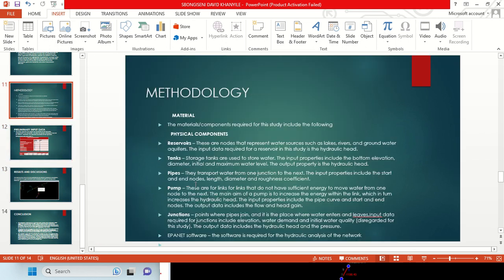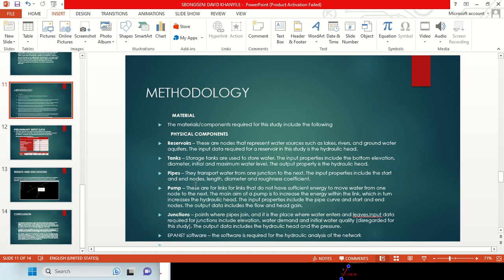These are the physical components that play a huge role in terms of designing and applying appurtenances. For example, a reservoir is where the water sources such as lakes, rivers, and groundwater are required for the study, which is the hydraulic head.